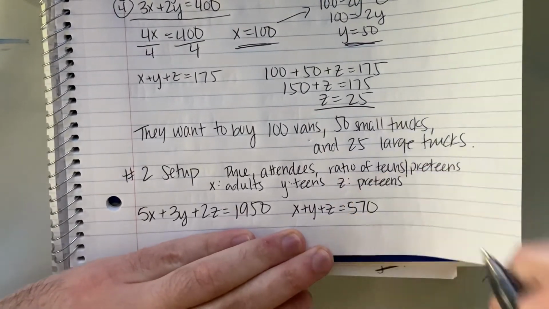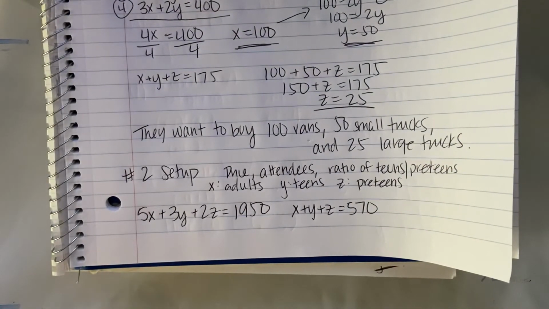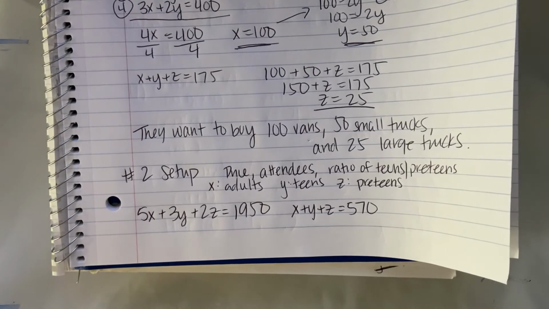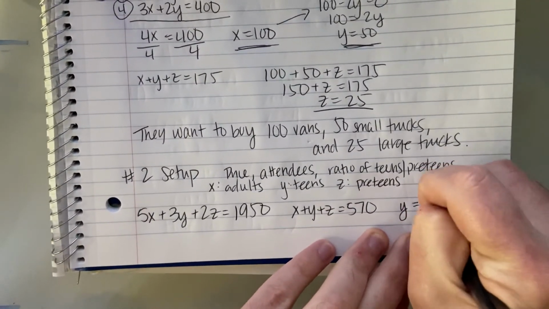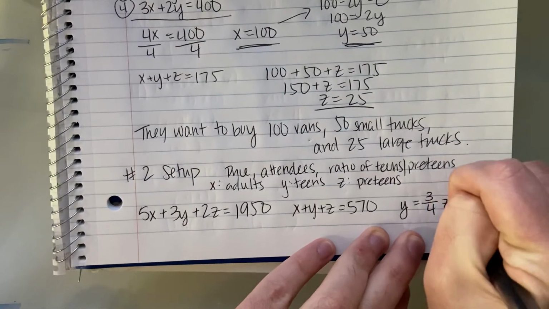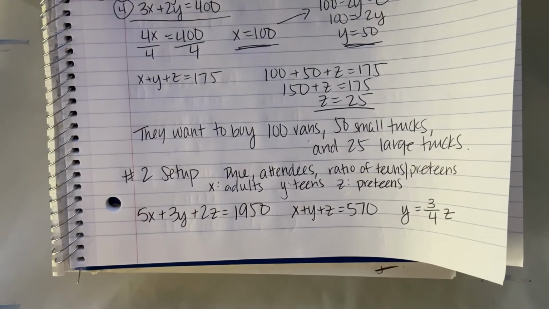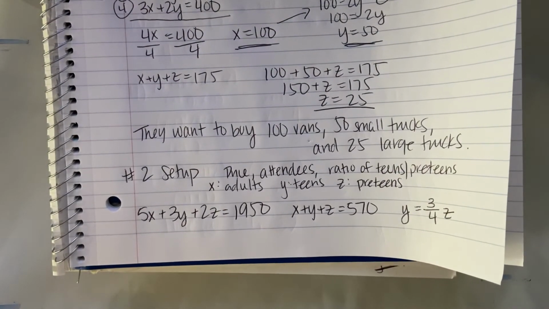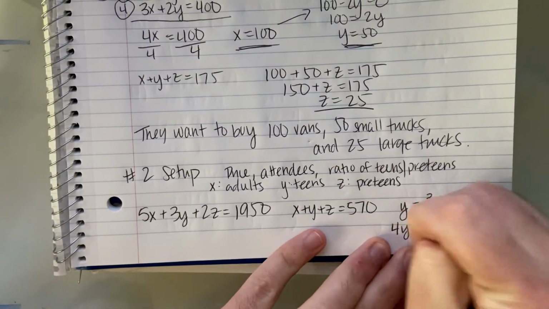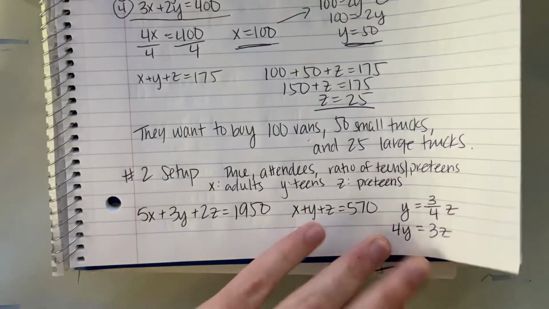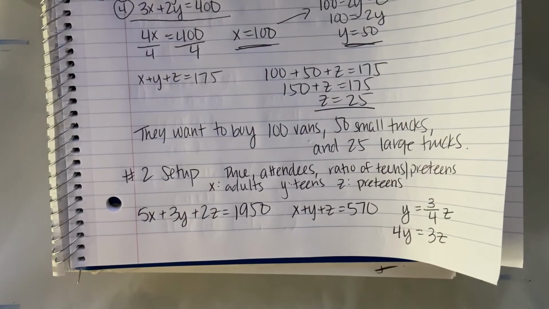Some people may think they're the center of the universe, but in fact they are still just one person. And it says 3/4 as many teenagers attended as preteens. So that means the number of teenagers, Y, was equal to 3/4 the number of preteens, Z. If you want to convert that into whole numbers, you can multiply both sides by 4, so that 4y equals 3z. Some people will find that easier to work with in the system than the fraction.